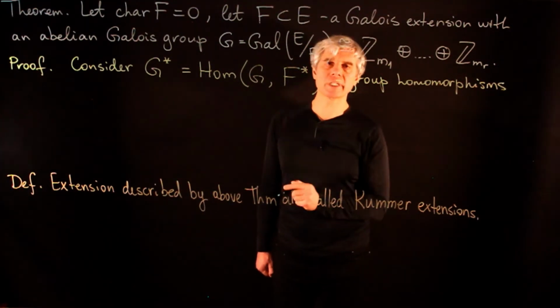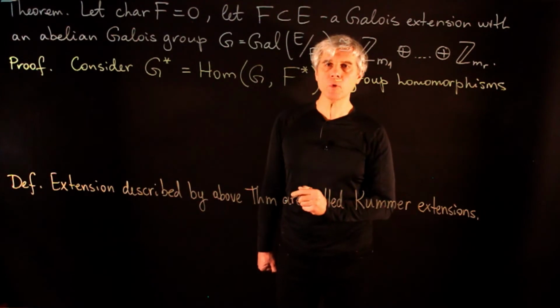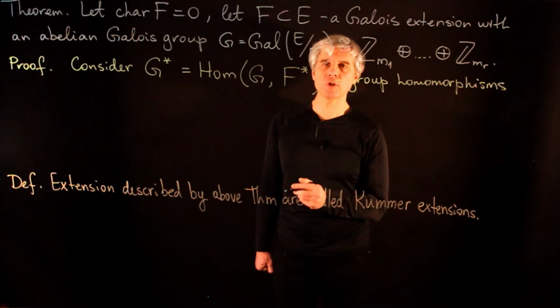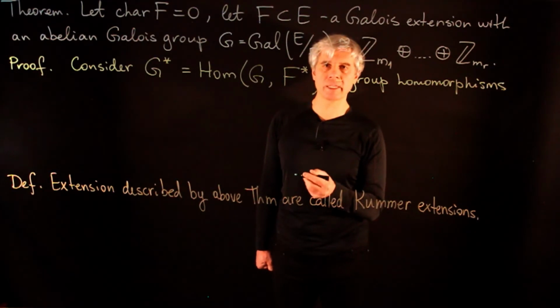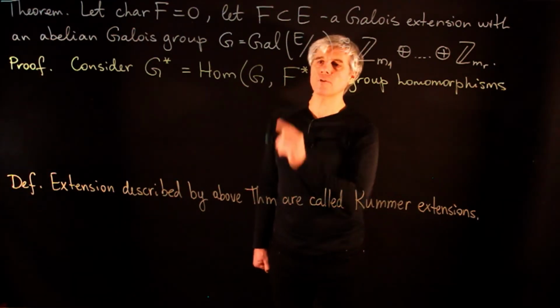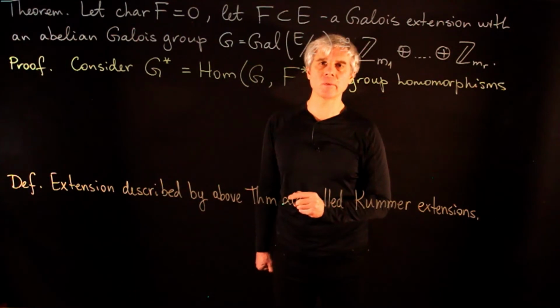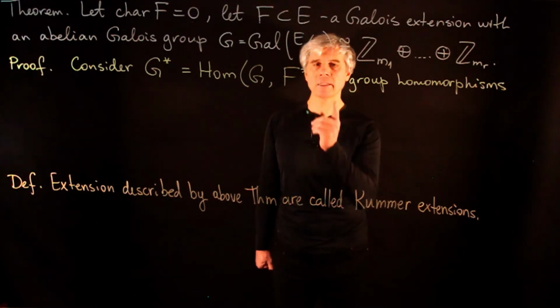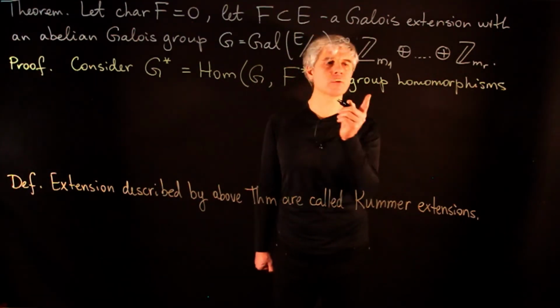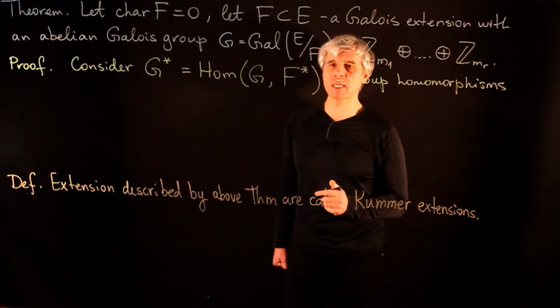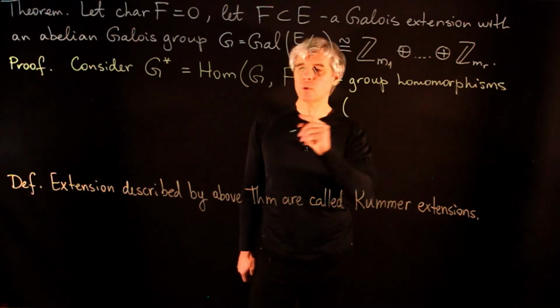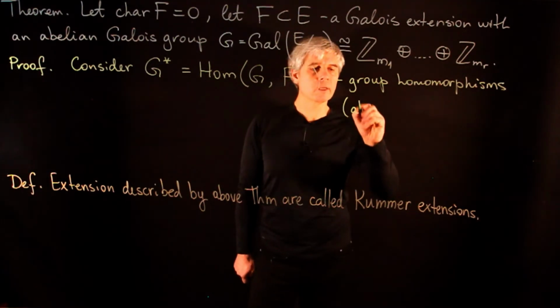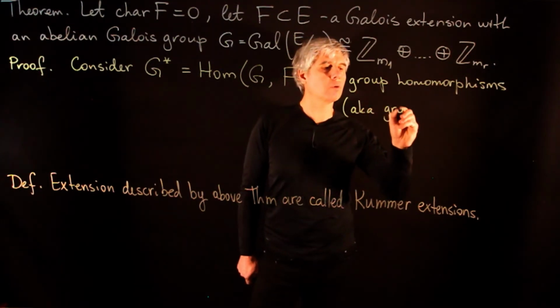Since these functions have values in the multiplicative group, there is a natural operation of multiplication of functions, where we multiply two functions pointwise. And then this set of functions naturally will acquire the group structure, and it's easy to check that the product of two homomorphisms is again a group homomorphism. Another term that is also used for this dual group is the group of characters.